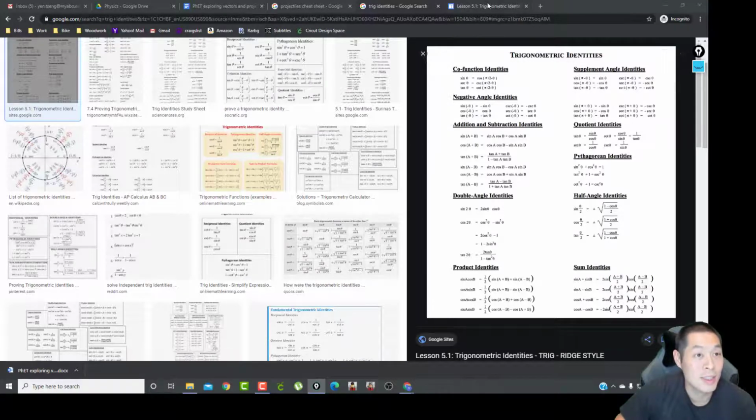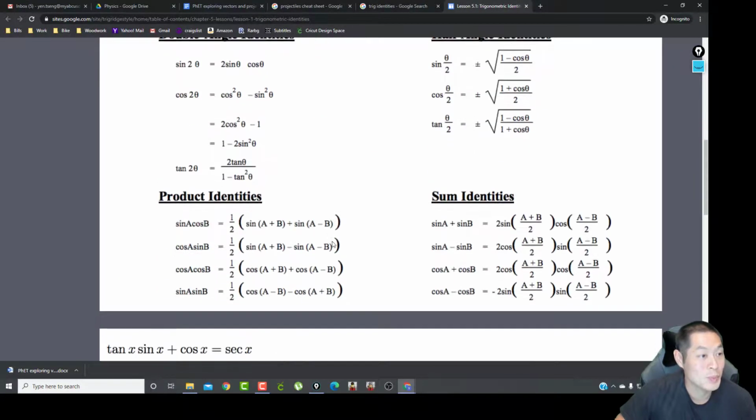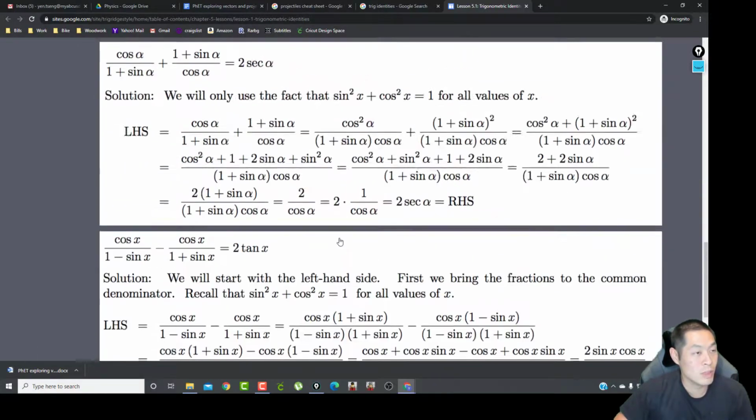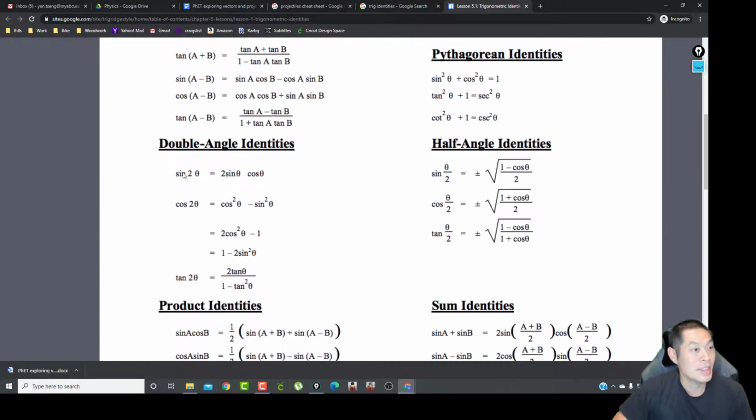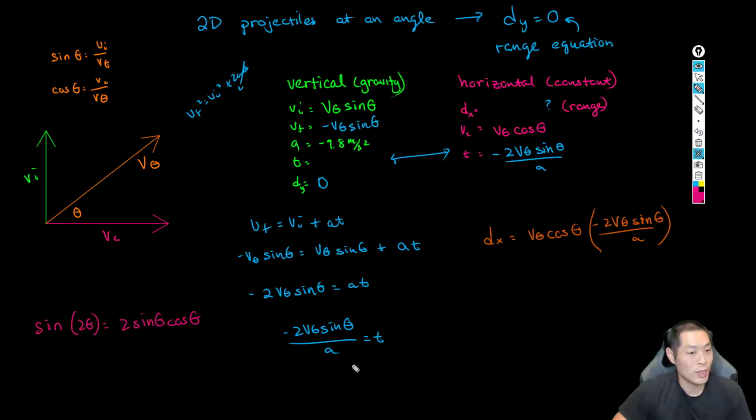Let me see, I think it's right here. Oh, I lost it. There it is. Sine 2 theta equals 2 sine theta cosine theta. Perfect. I'm going to rearrange this so that I could have the one I want. So I want to keep my 2. I want to keep cosine, so I'm going to pull out v theta.